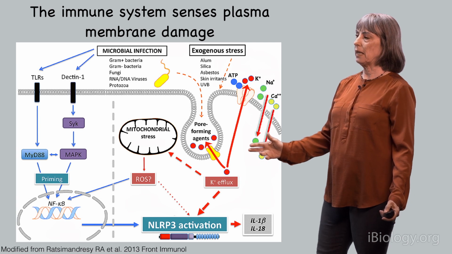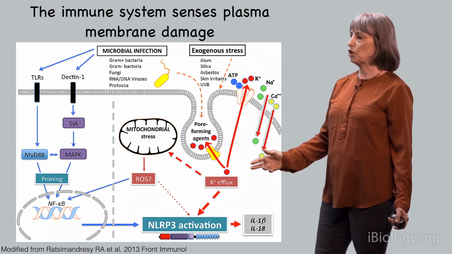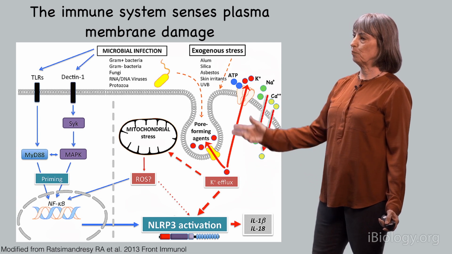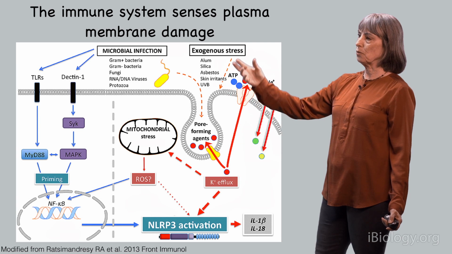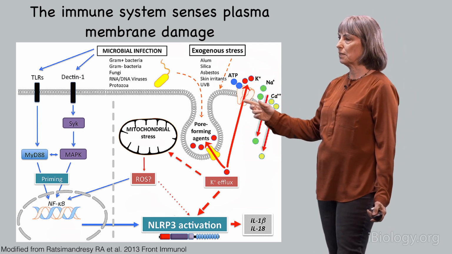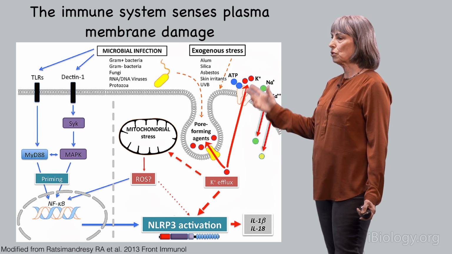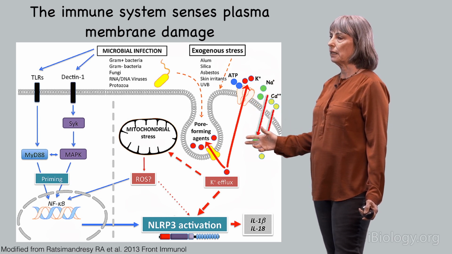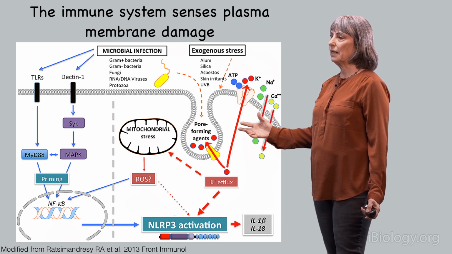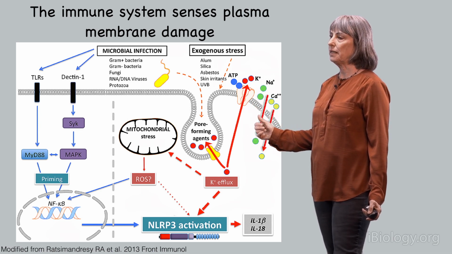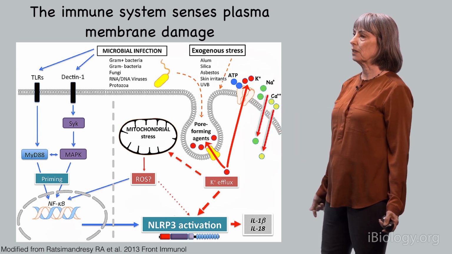And what has emerged is that there is a machinery that senses changes like, for example, efflux of potassium, which is an ion that is more abundant inside cells as opposed to sodium that is present outside of cells. So we have here an example of how cells really have adapted their innate immune response to recognize injury and to trigger inflammation.